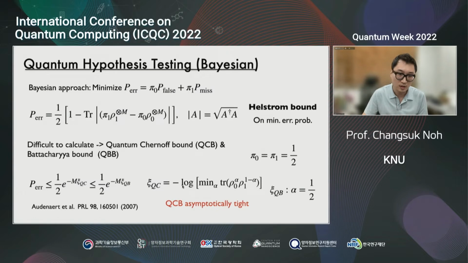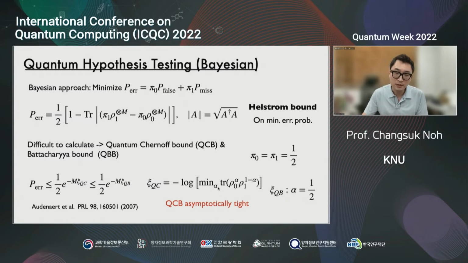There's a logarithm, but it's a minimization over the trace of rho naught to the power of alpha times rho 1 to the power of 1 minus alpha. What's nice about the QCB is that it's known to be asymptotically tight. That means as m increases, we know that the equality holds.